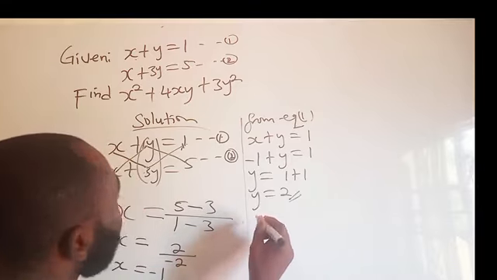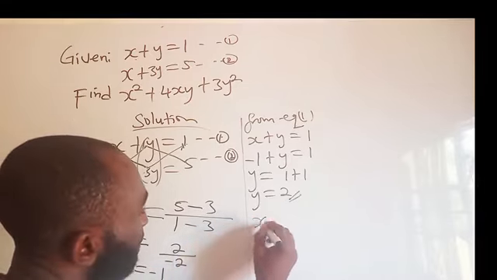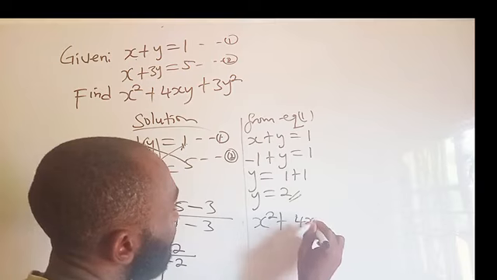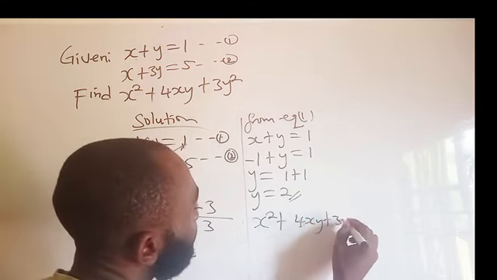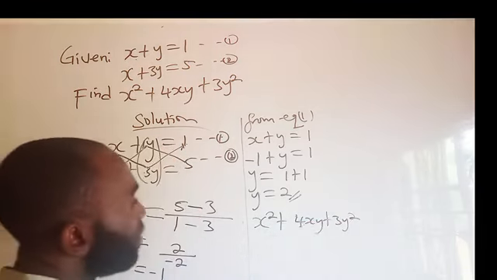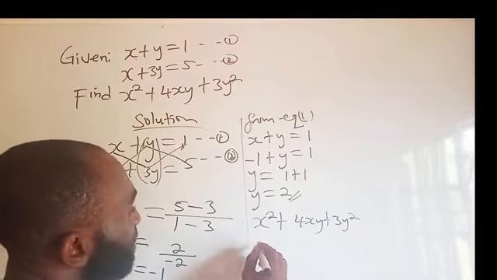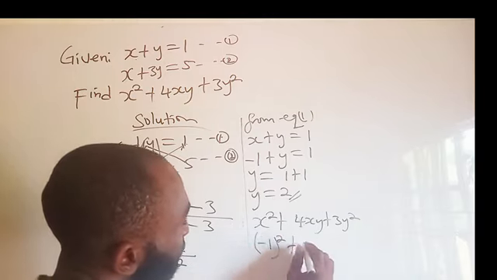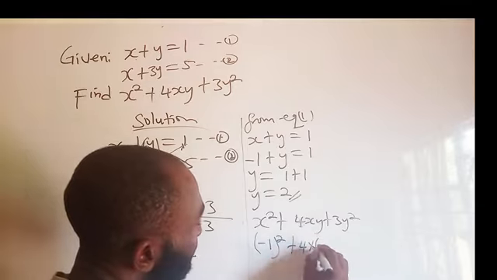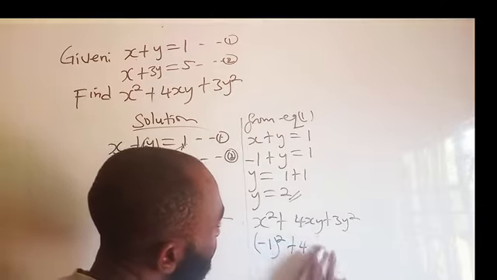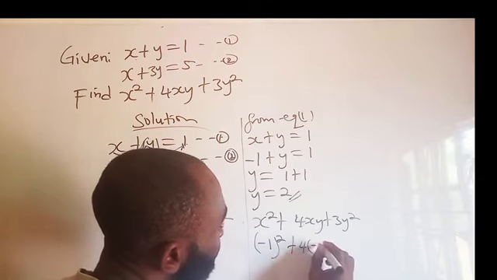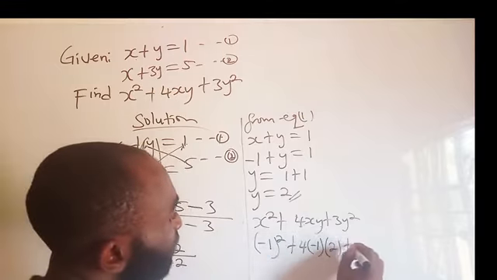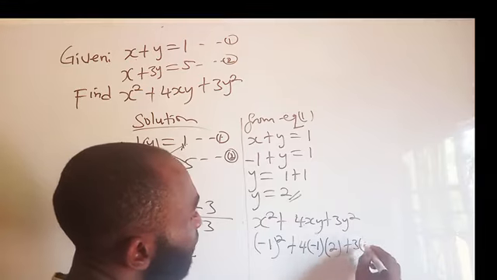So now the question says we should find x squared plus 4xy plus 3y squared. So what you will do now, where you see x, put minus 1 squared plus 4 times, let's just put brackets, brackets mean multiplication, minus 1, then 2, because for y, then plus 3, bracket open, for y is 2.